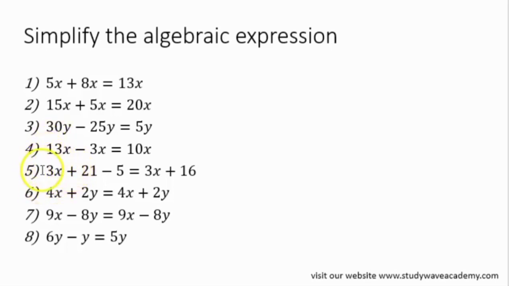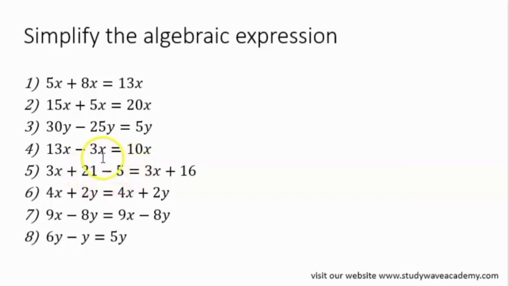We move over to number 5. We have 3x plus 21 minus 5. This is a different equation. What are we going to do first? We are going to check if our numbers have variables, and we can see that it's only the first number that has a variable, and the variable there is x. The second part doesn't have a variable, just numbers.